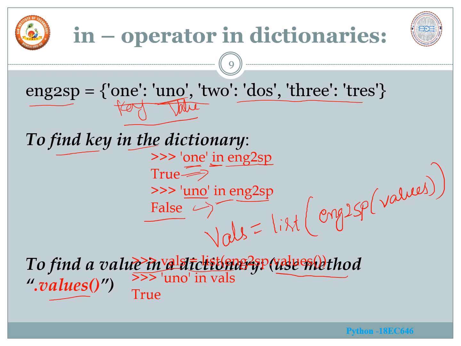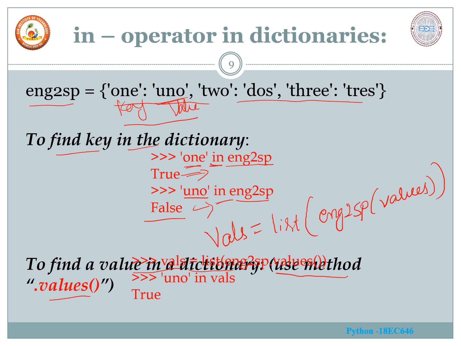So what is happening here? Basically, English to Spanish is going to get the values in the dictionary, and it is creating a list of those values.